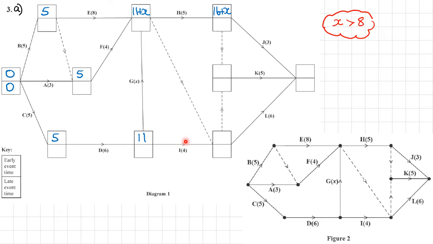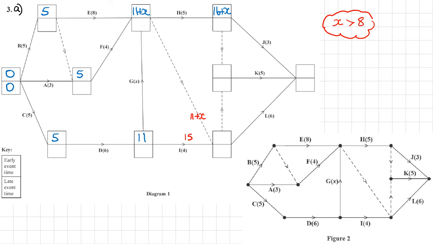And then I will complete this one here. Now there are 2 possible ways of getting here. So the 11 plus the 4, which will give me 15. Or this way, a dummy carries no weight. So this would be 11 plus X. The 11 plus X we know is greater than 19 because the X is greater than 8.